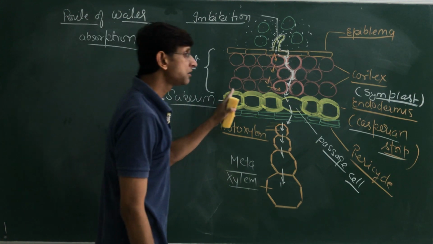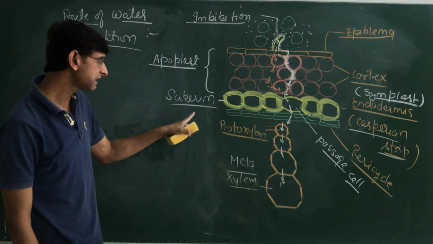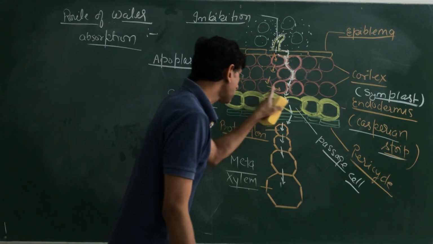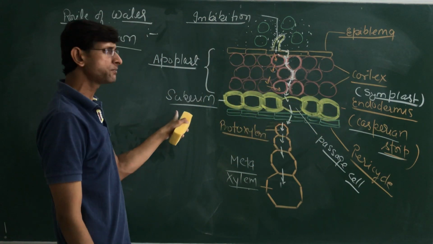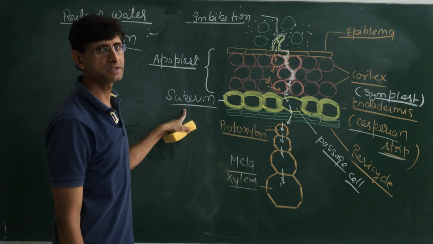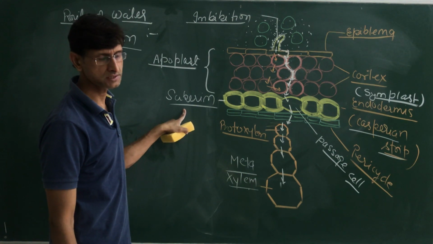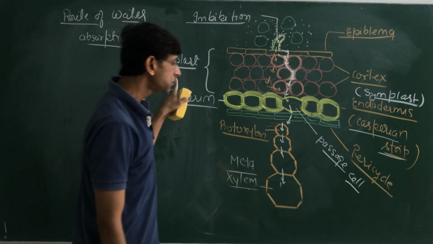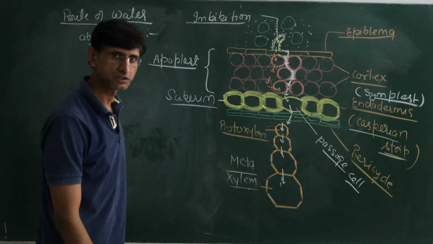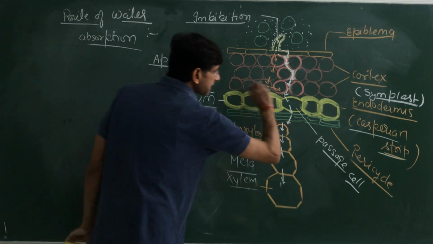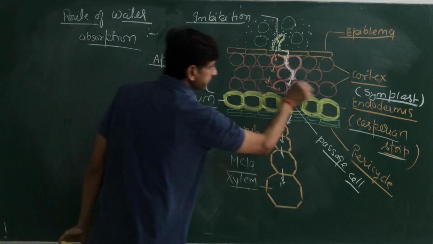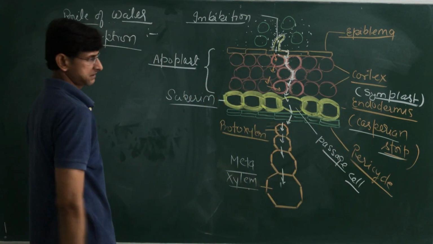But when the endodermis comes, we know very well that the walls of the endodermis are deposited with the impermeable substance known as suberin, and this suberin does not allow any kind of entry of water. So this layer acts as a check dam. This layer acts as a barrier.